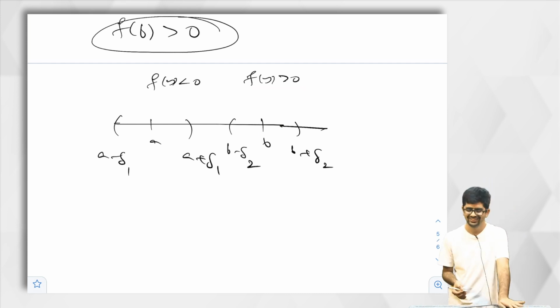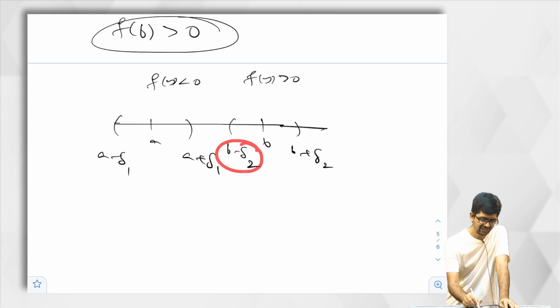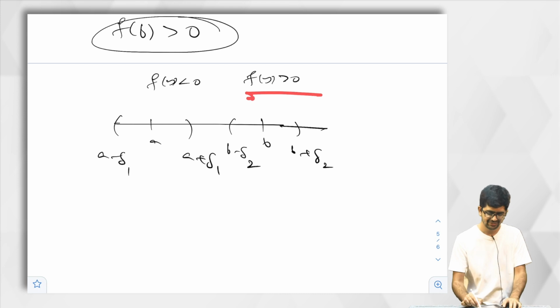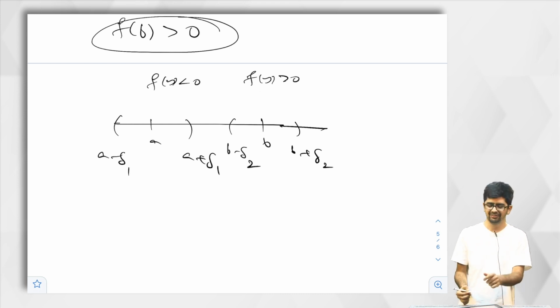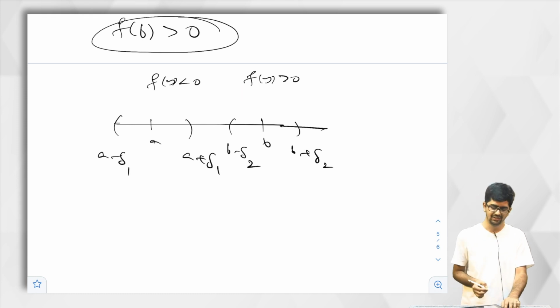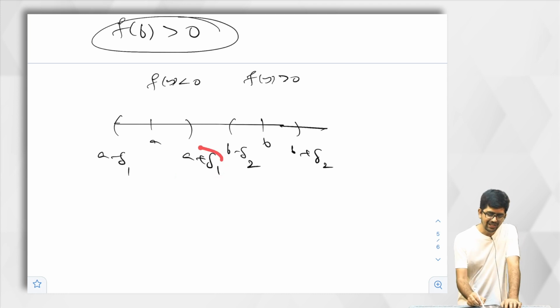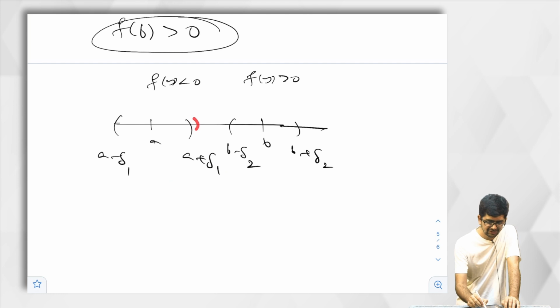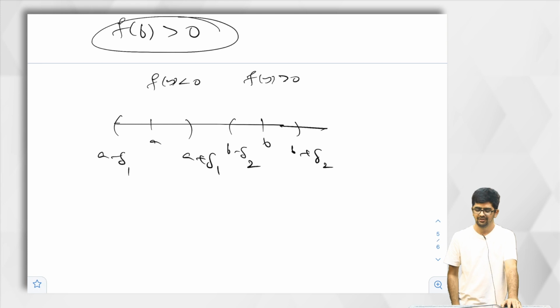How do we know that it is not true? So we can ask this element to go back to the left side and check if this is still satisfied even if you go to the left. Similarly, you can ask the same thing for a plus delta 1, to go to the right-hand side and see if this condition is still preserved or not.